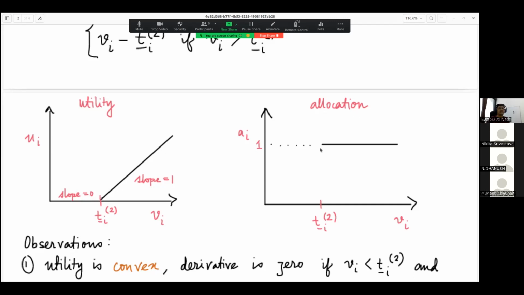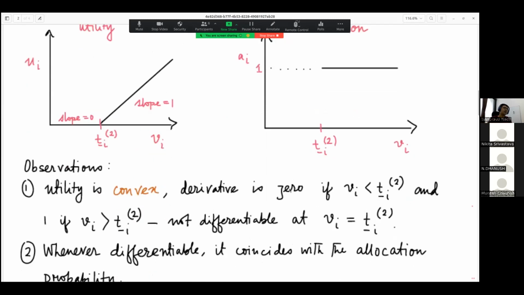Which means that the probability with which this agent will be winning this auction can be any number between 0 and 1. That is essentially the idea of this subgradient.